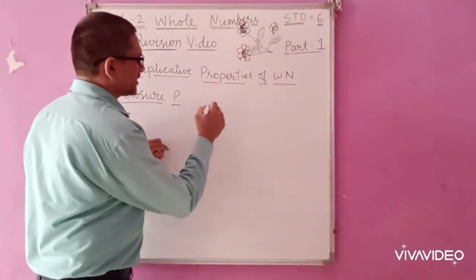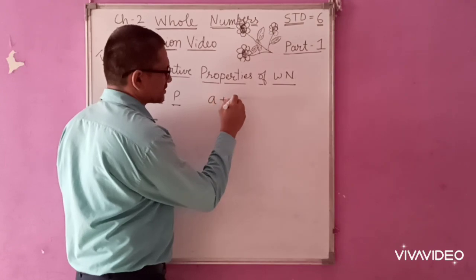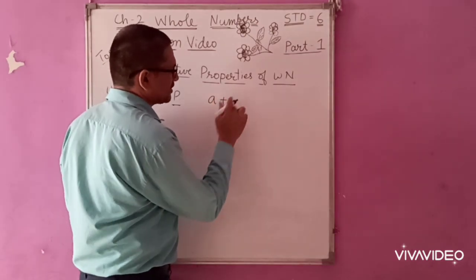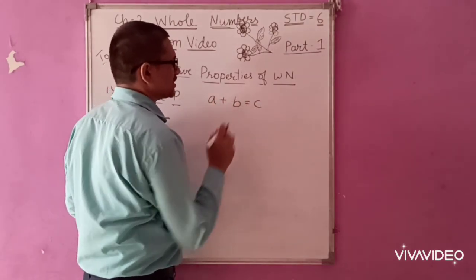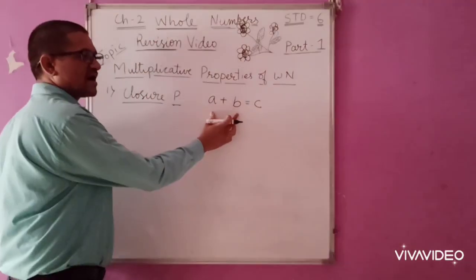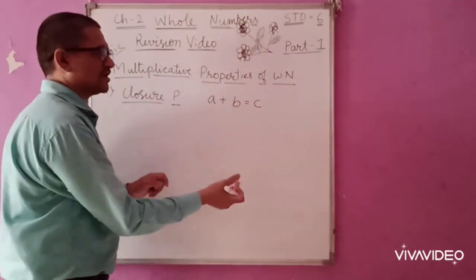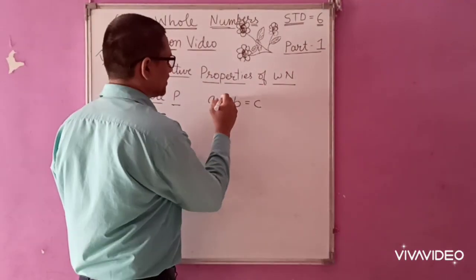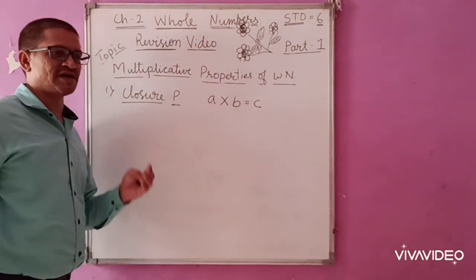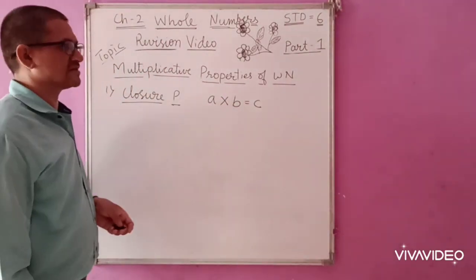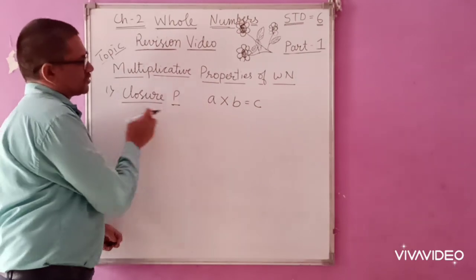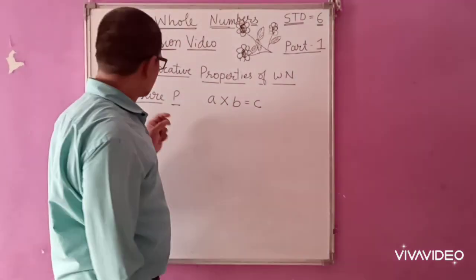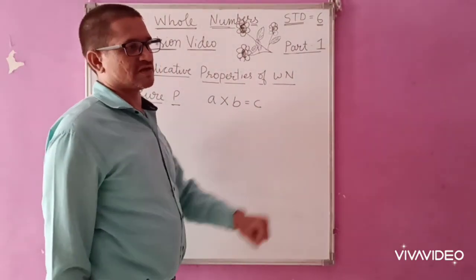Already you know in addition, A plus B is equal to C. Means when two whole numbers are added, you get a third whole number. Similarly here, when two whole numbers are multiplied, you get a third whole number as the answer. So the product of two whole numbers is a whole number.